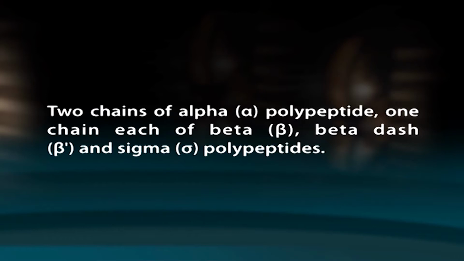The transcription process in prokaryotes is catalyzed by a complex enzyme, RNA polymerase. The E. coli RNA polymerase has a molecular weight of about 480,000 Daltons and consists of 5 polypeptides, including 2 chains of alpha polypeptide, and 1 chain each of beta, beta prime and sigma polypeptides.